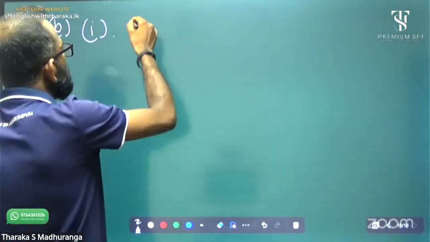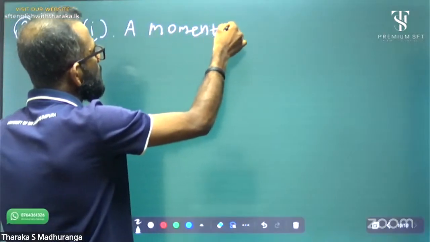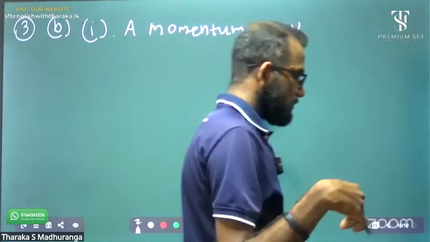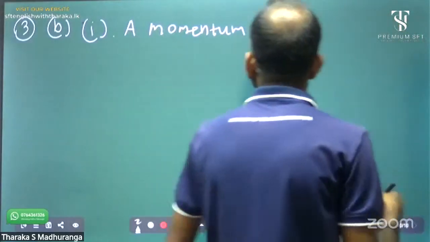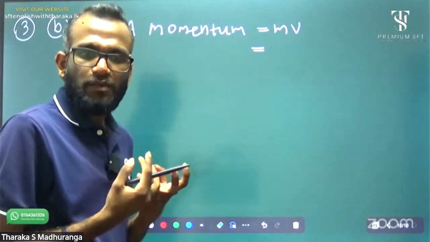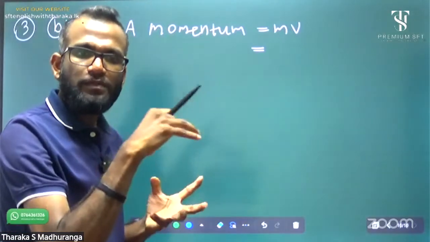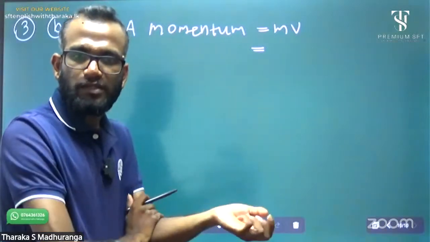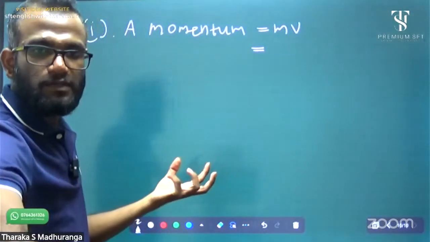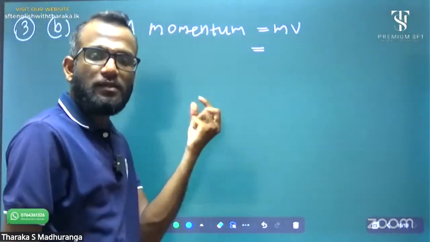First, the A point momentum equals mass into velocity. What is the mass of the complete trolley now? Trolley 100, object crate 400. Then what is the total mass?